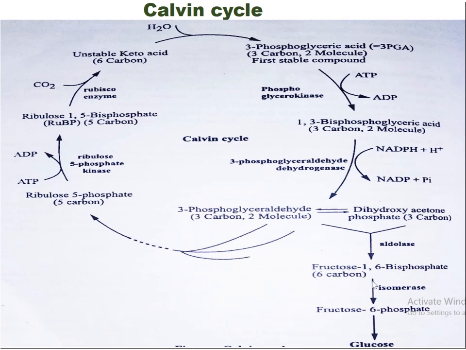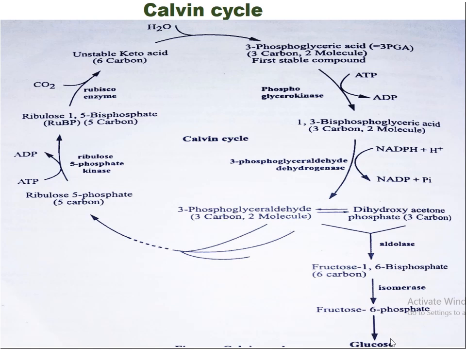This fructose 1,6-bisphosphate then turns into fructose 6-phosphate by losing one molecule of phosphate, and this reaction is catalyzed by the enzyme phosphatase. This fructose 6-phosphate is then converted into glucose, and after glucose it polymerizes into starch.